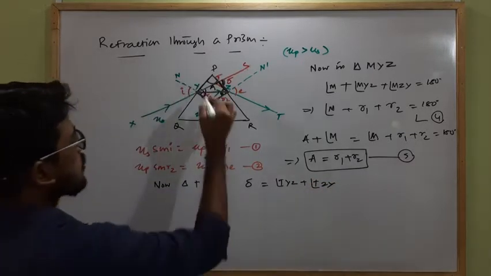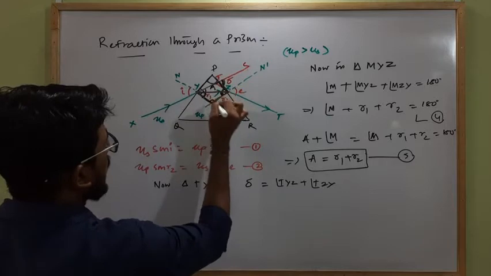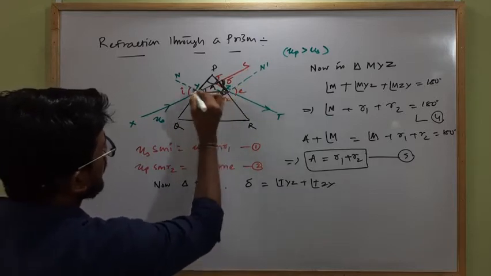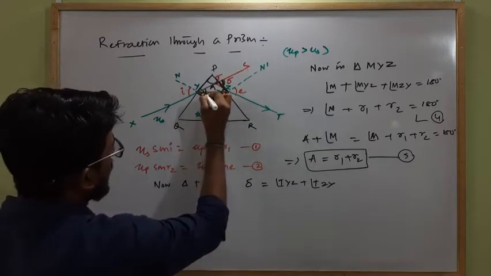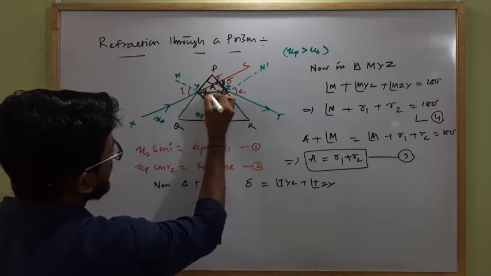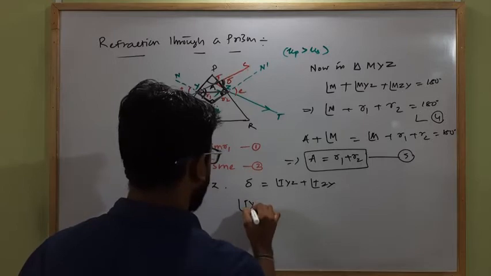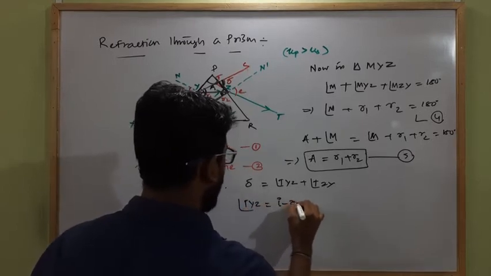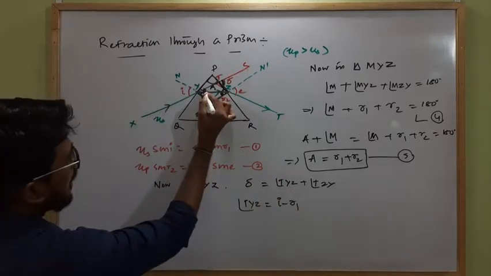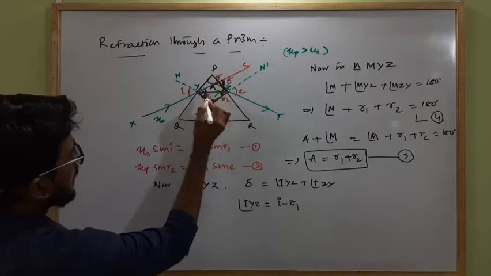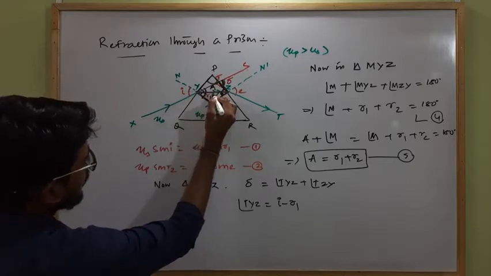Clear? So TYZ is how much? This complete angle is I, but this much angle is R1. So TYZ angle equal to I minus R1, because this total angle is I, because these are opposite angles, but this much angle is known as R1.